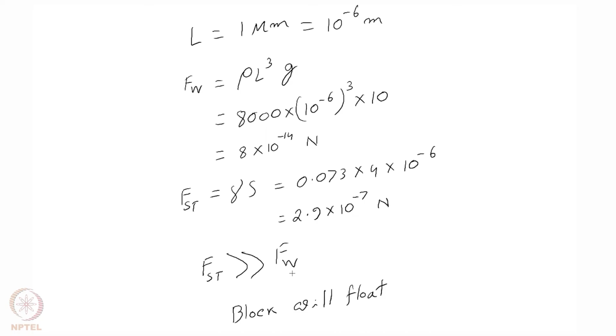Now as we see here, we did not change any physics, right? We just changed the scale, and because of that scale change, earlier the weight force was 80,000 Newton, that became 8 into 10 to the minus 14 Newton, whereas surface tension force became 2.9 into 10 to the minus 7 Newton.